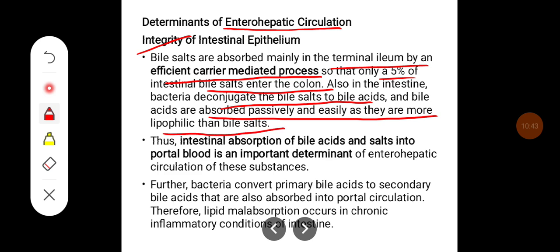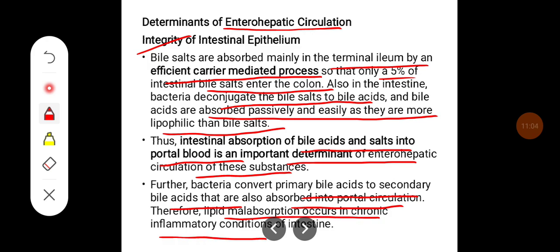Thus, intestinal absorption of bile acids and salts into the portal blood is an important determinant of enterohepatic circulation of these substances. Further, bacteria convert primary bile acids to secondary bile acids that are also absorbed into the portal circulation. Therefore, lipid malabsorption occurs in chronic inflammatory conditions of the intestine.